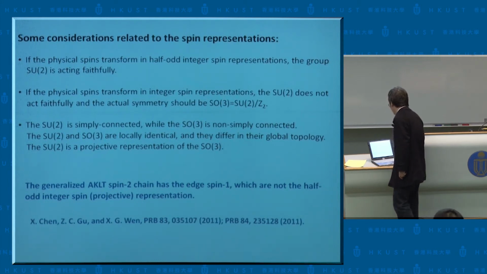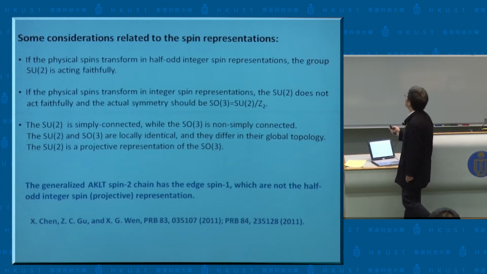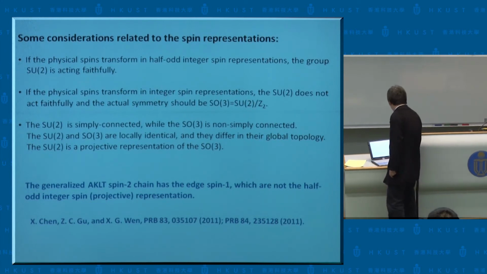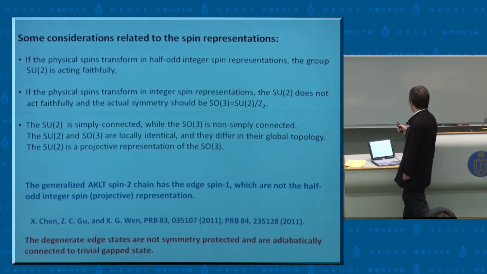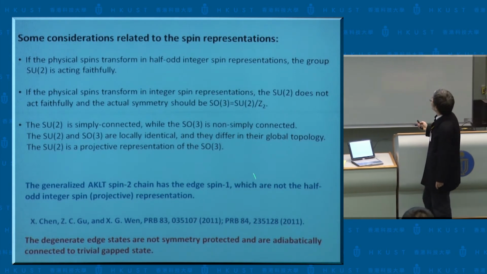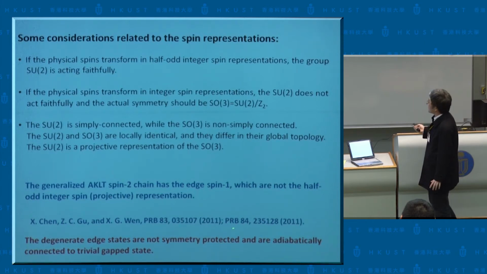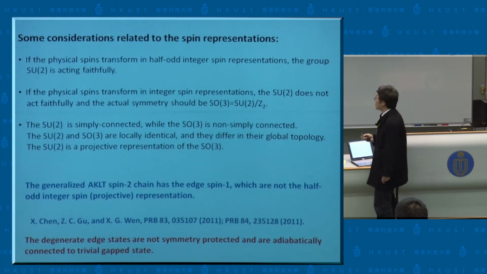According to the theorem proved by Professor Wen and his collaborators in two papers, if the edge spin is not a projective spin representation, the degenerate edge states are not protected by symmetry, and this state may be adiabatically connected to a trivial band gap state.